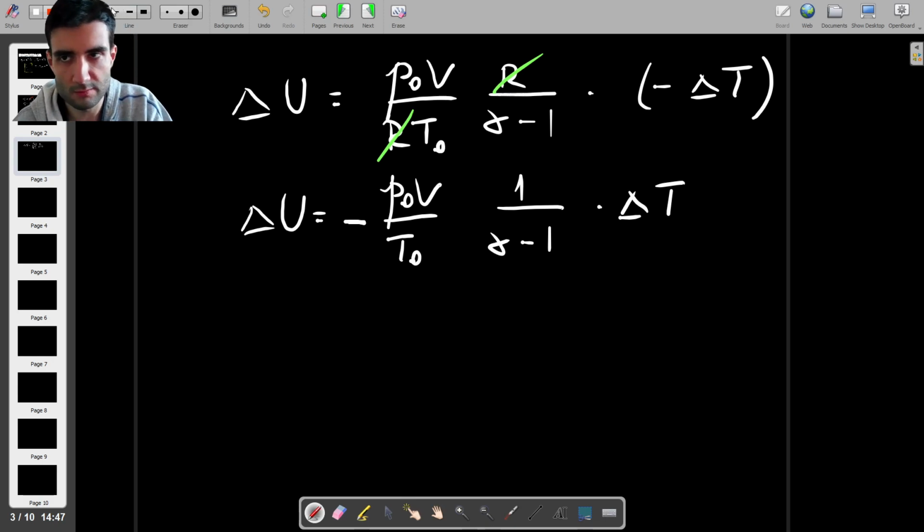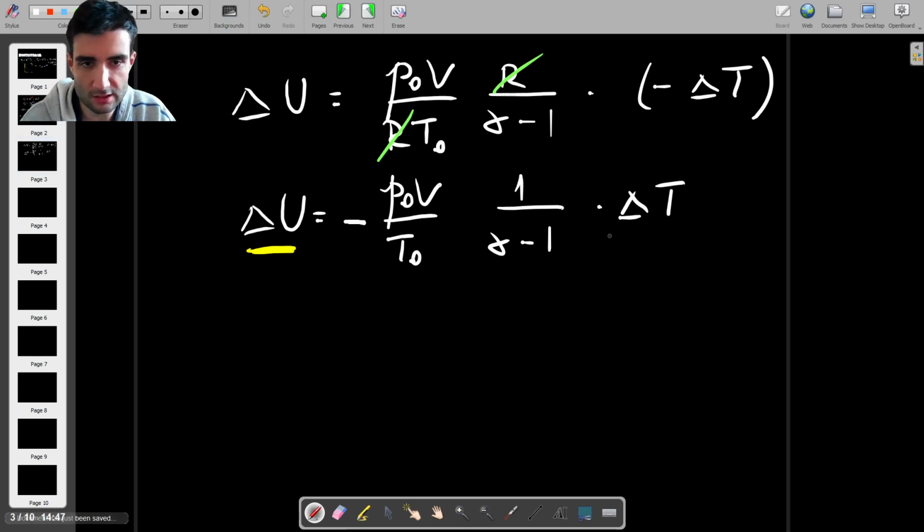So we should be able to find out the value of the change in internal energy, and it's going to be negative, right? Because the temperature is decreasing.